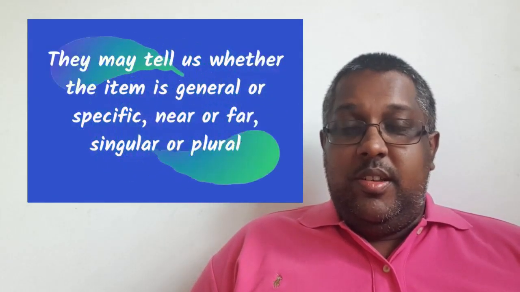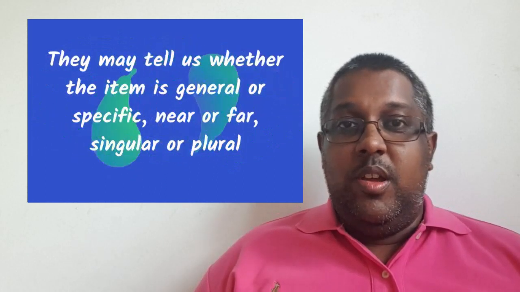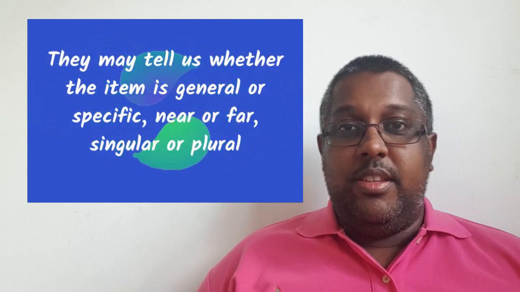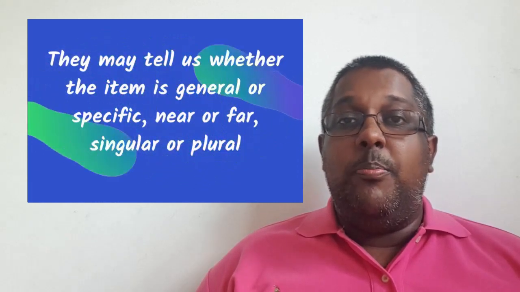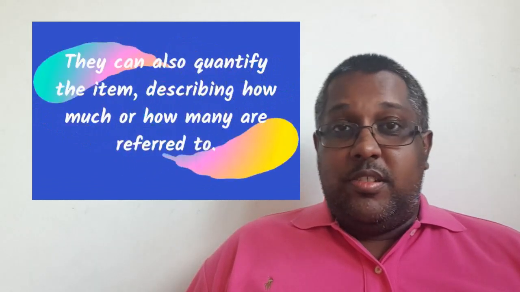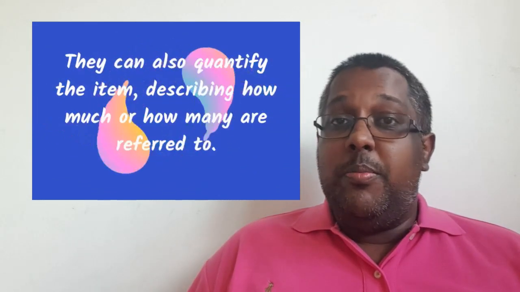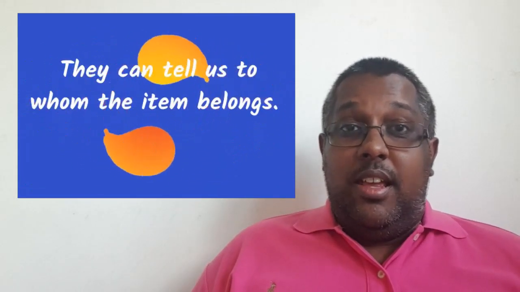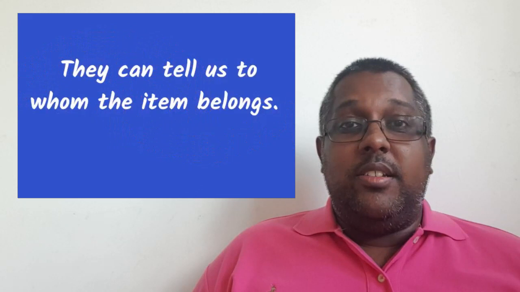They may tell us whether the item is specific or unspecific, near or far, singular or plural. They can also describe how much or how many are referred to. They can tell us to whom the item belongs.